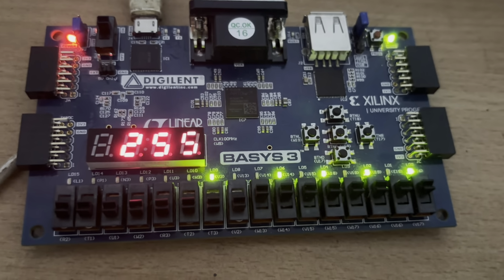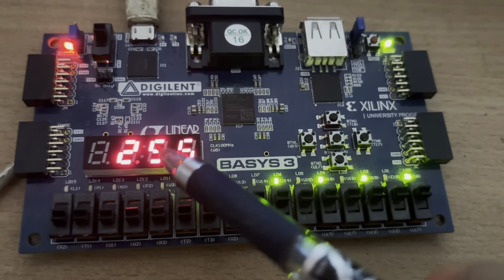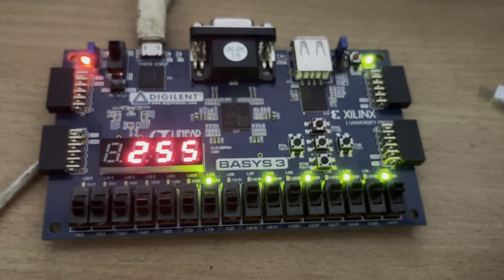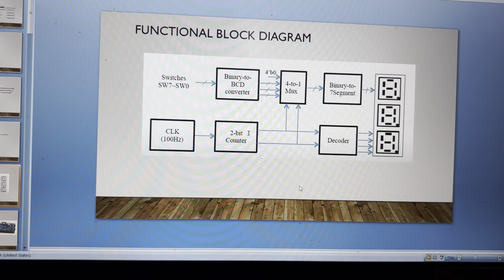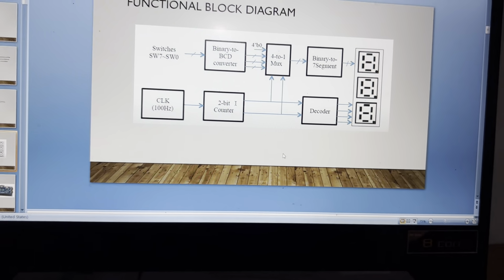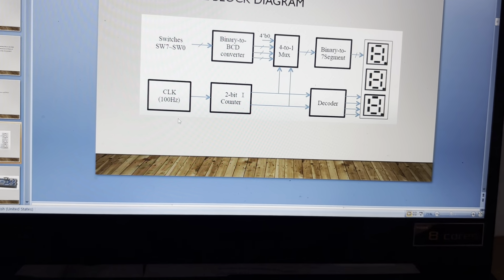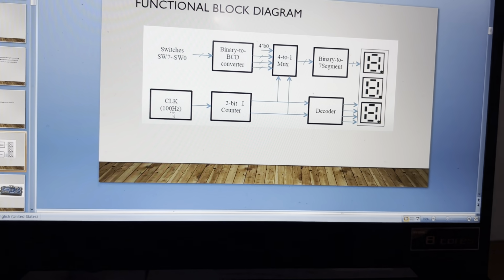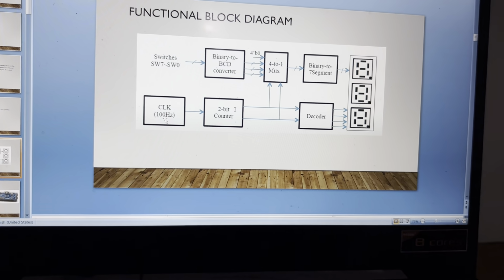Now let us see how we have interfaced these LED lights and the 7-segment display to the FPGA board. As you can see here, this is our functional block diagram, and we have used this 100 Hz clock module.